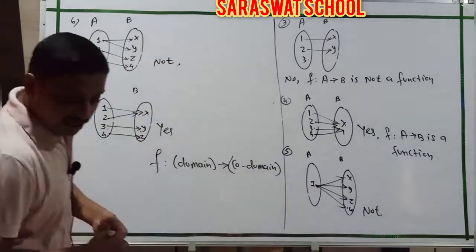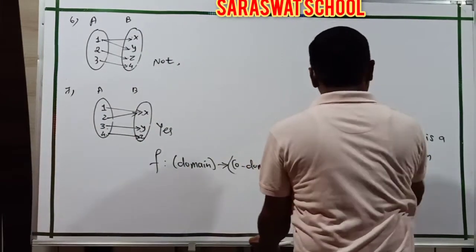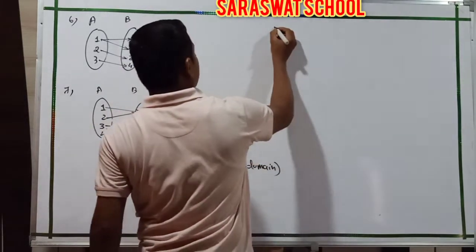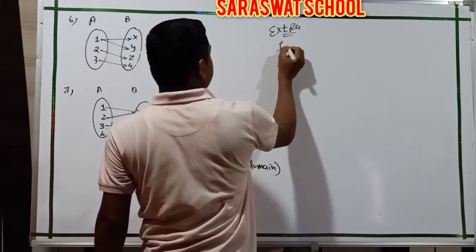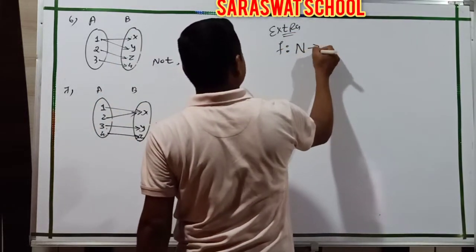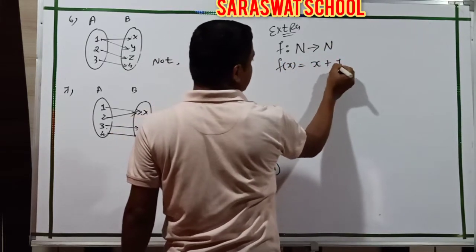Consider I am taking one example for related domain and codomain, and here I define some range. So for an extra example, just like I wrote a function f for any n tends to n and f(x) I take x plus 1.